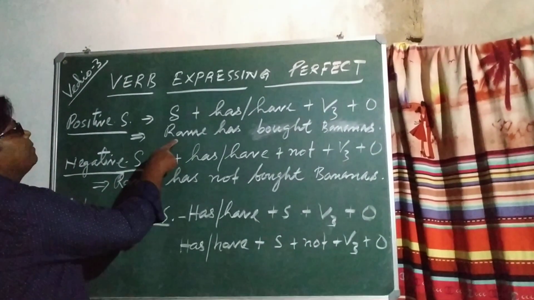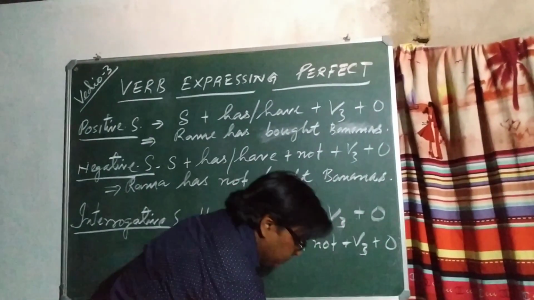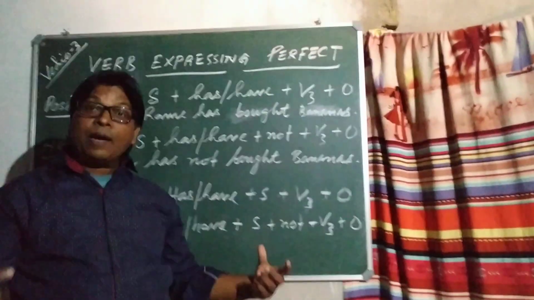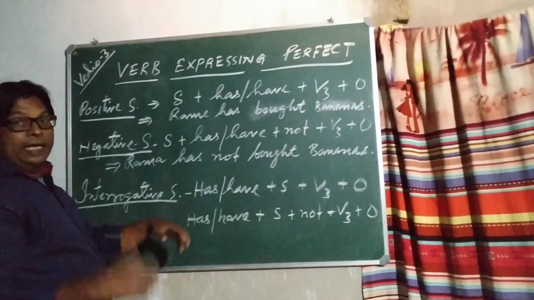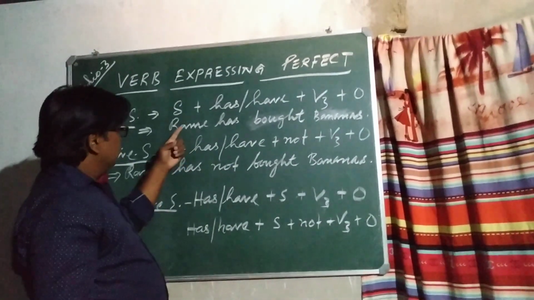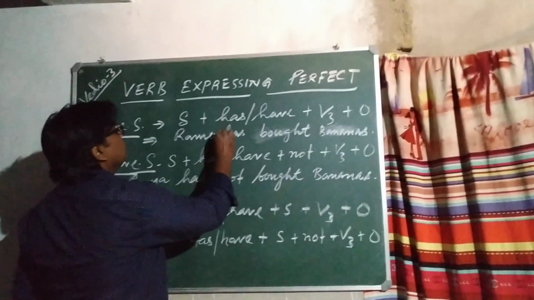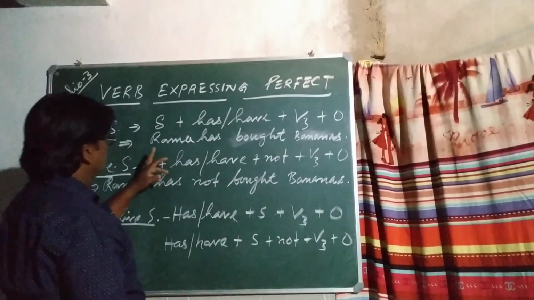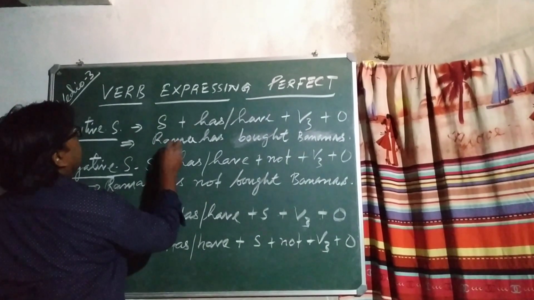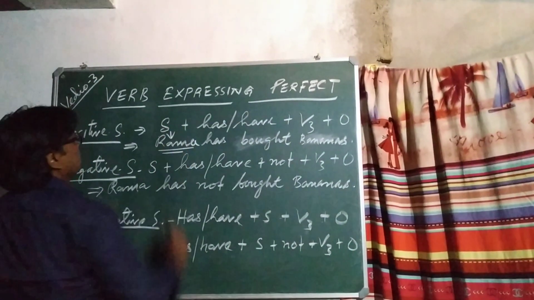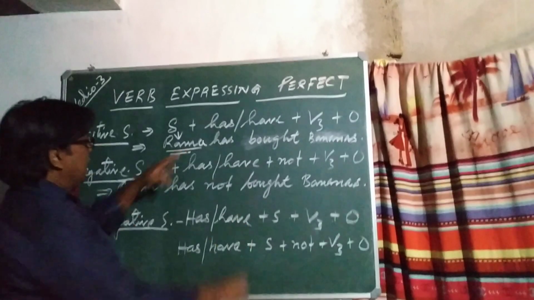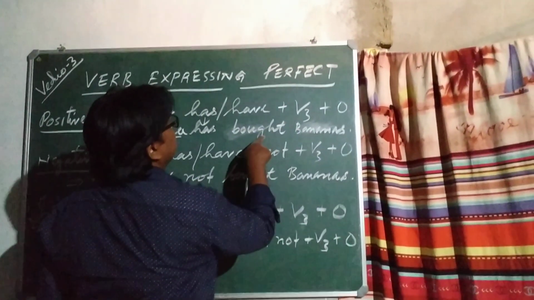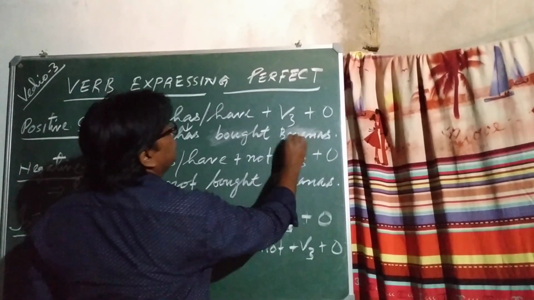For example, I have opened a shop, or they have opened a shop. The next third sentence is: Rama has bought bananas. Here Rama is the subject, has is the helping verb, V3 is bought, and the object is bananas.